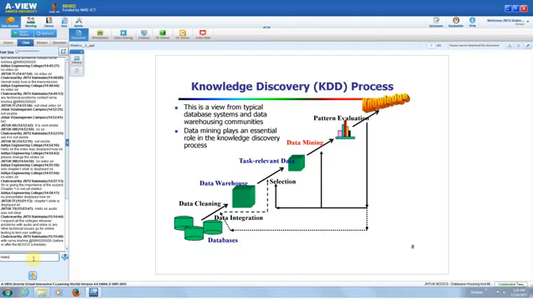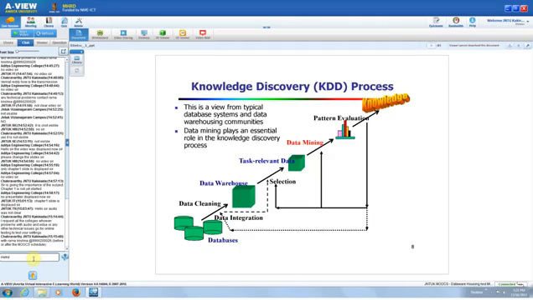So on the operational, transactional data available from your database, you will apply data cleaning and data integration, and then you will send it to the warehouse. At the warehouse, you have some selection and other processes happening, and you get the output as task relevant data.